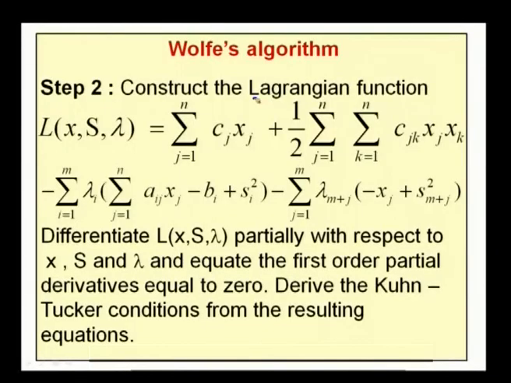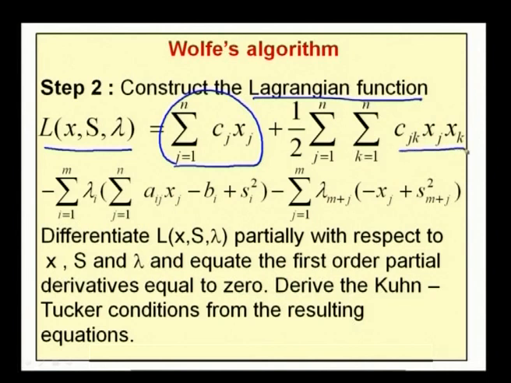Step 2 is to construct the Lagrangian function for the given quadratic programming problem, where the Lagrangian function L is this equation: summation c_j x_j, j varies from 1 to n, plus half of the double summation c_jk x_j x_k. This part corresponds to the given objective function.